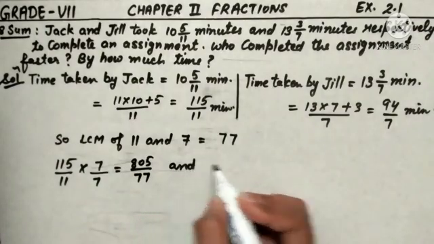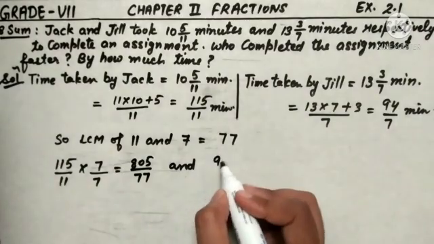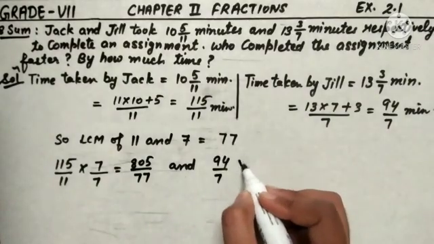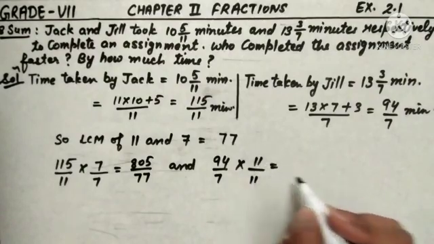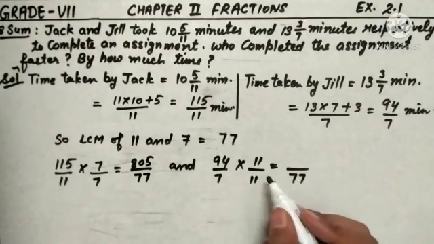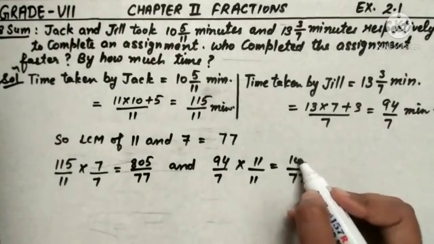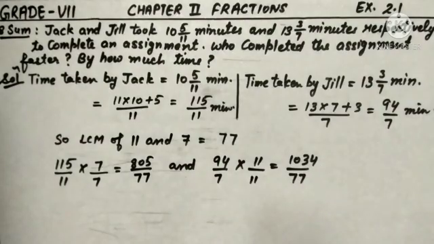The second term, the time taken by Jill, is 94 upon 7. This 7 will be multiplied by 11 to get 77 in the denominator, and 94 multiplied by 11 equals 1034. So these two become like fractions.